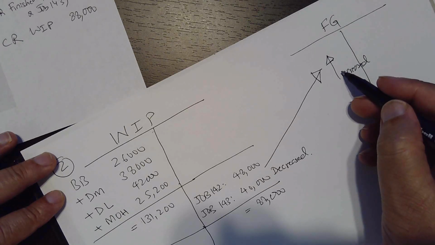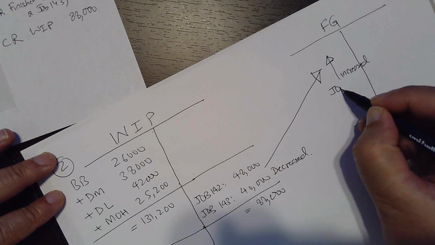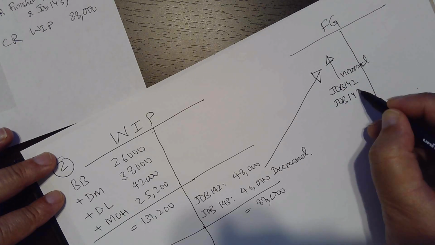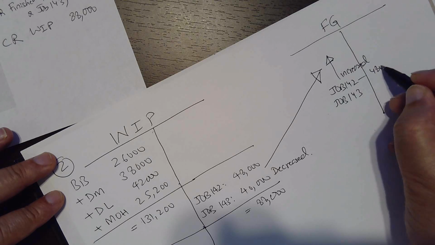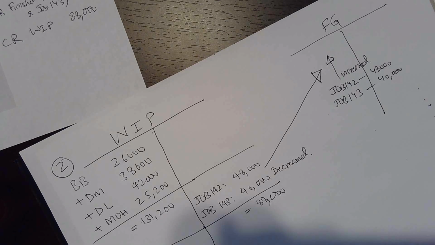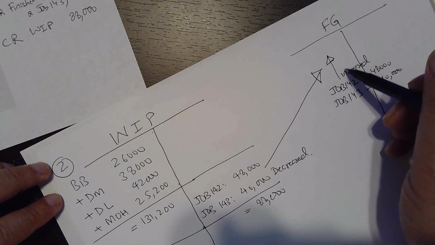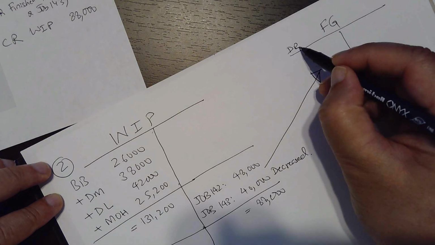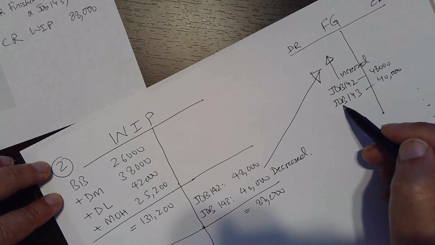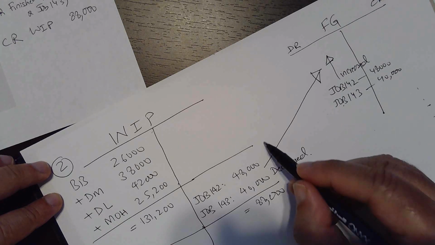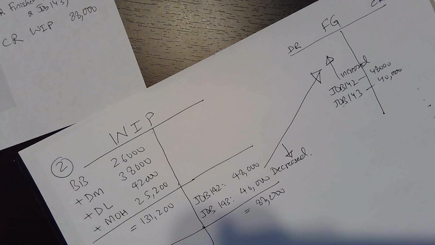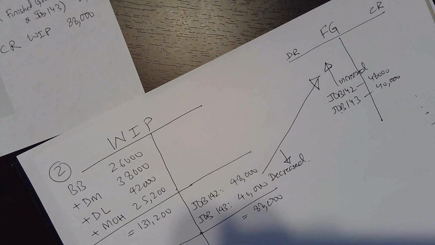So when an asset is increased, we are putting job 142, job 143, 48,000 and 40,000. When we are increasing, we are debiting it. So we are debiting on this side and crediting on this side because this is decreased here. So this is our second part of this problem.